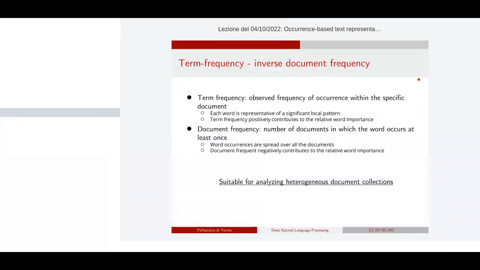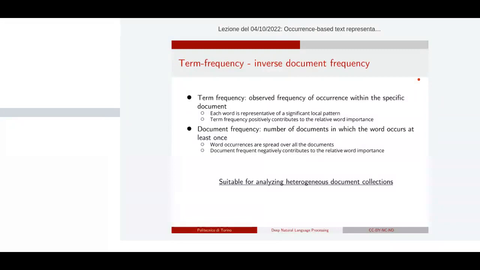For example, if you want to classify a document according to the word level content, you want to know whether some words are peculiar to a particular class, a particular category, and then if that word is present, you can assign with a certain likelihood that category.